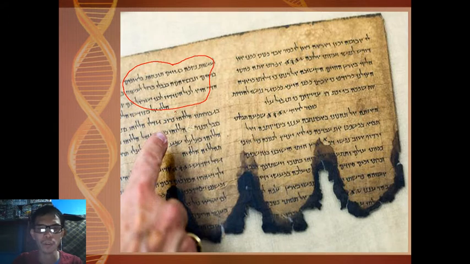You need a translator, an expert who can translate these words into a modern language that we all know, either English or other languages. That's the reason why your Bible is translated into different languages. This is the Dead Sea Scroll.